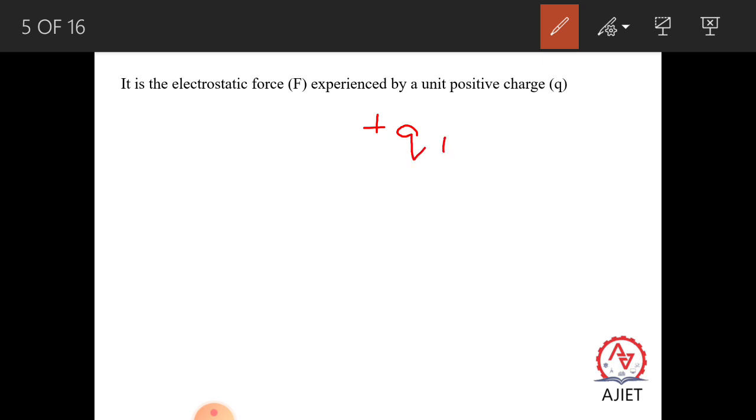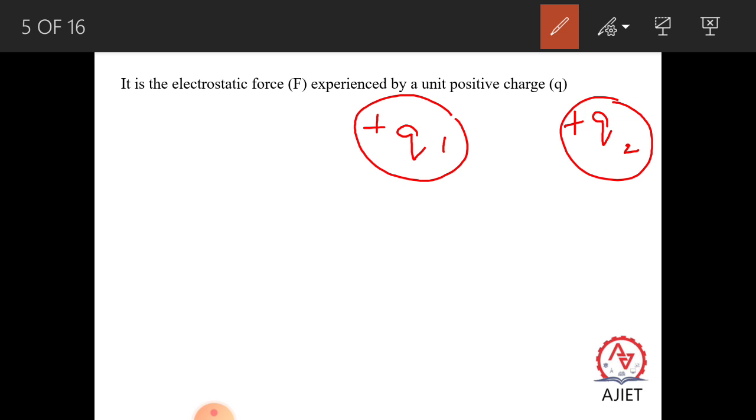How do we determine the electric field around this charge? What we do is take a test charge, say Q2. A test charge is always an infinitesimally small positive charge.